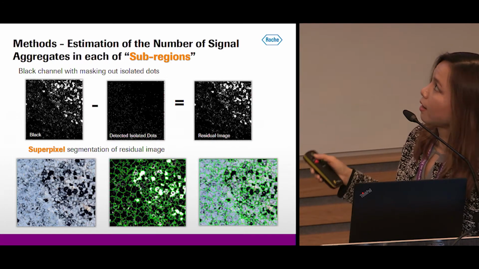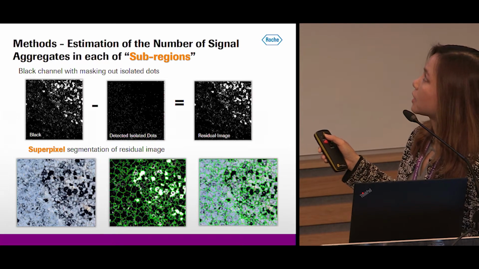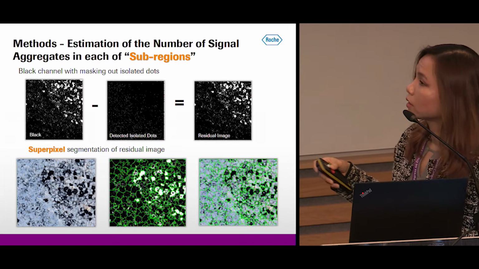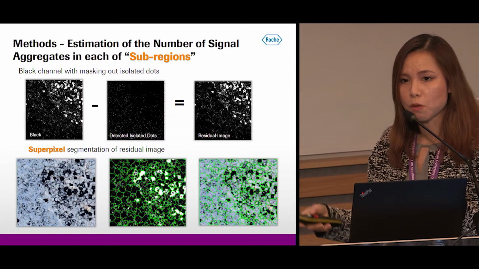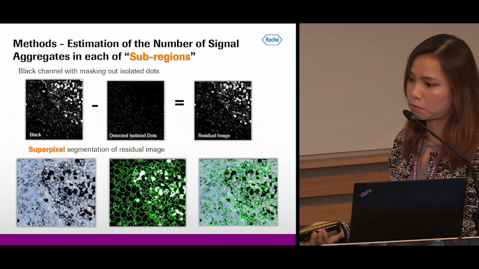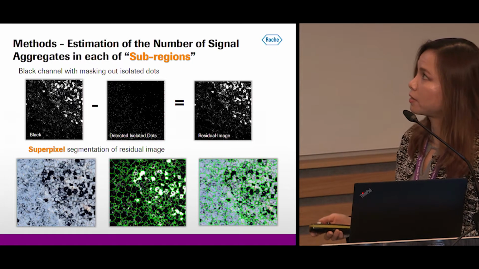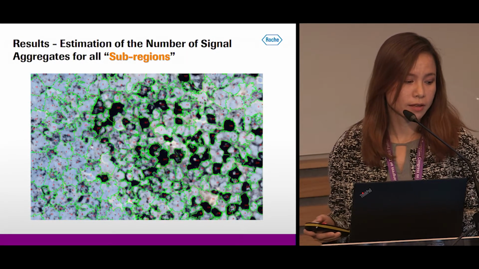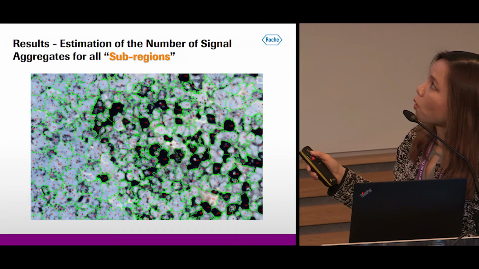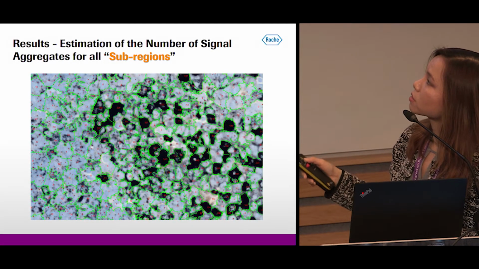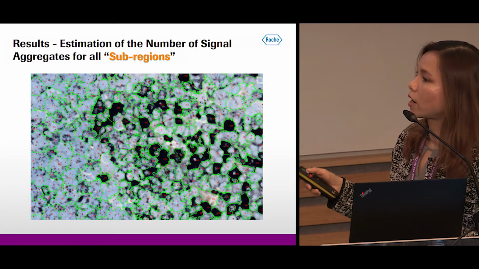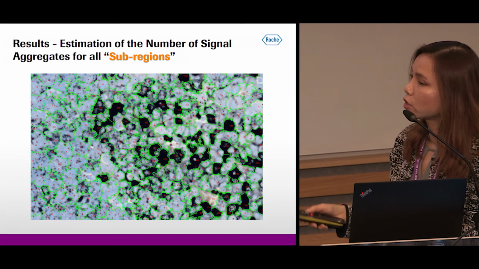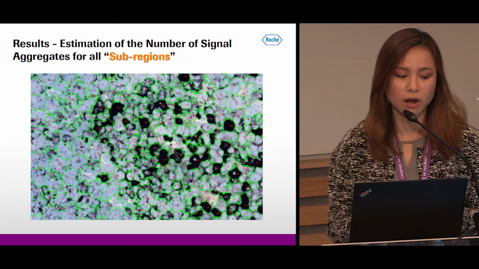As you can see here, in each subregion we obtain similar intensity of the pixels. So by computing the number of aggregates within small subregions, we can estimate better in terms of accuracy. And here are the results of the total number reported from each aggregate signal. As a result, we can also report a total number, which is a combination of the individual spots and also the signal aggregates on the whole slide.